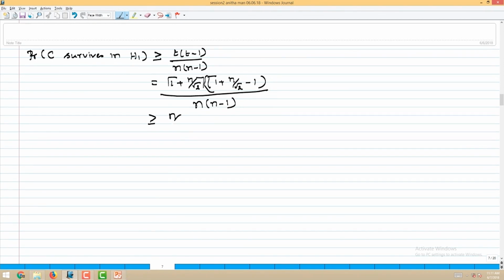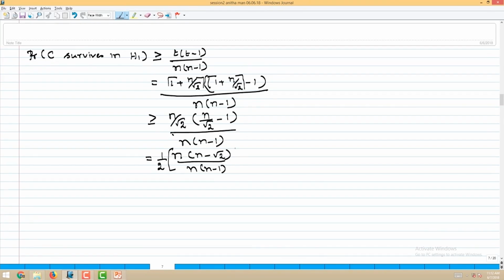So, n by root 2 into this part is n by root 2 minus 1 by n into n minus 1, which is, I will take that 1 by 2 outside, n minus root 2 divided by n into n minus 1, which is greater than or equal to half. Okay. The numerator n minus root 2 is greater than n minus 1, so this will be greater than 1. So, it is greater than or equal to half.